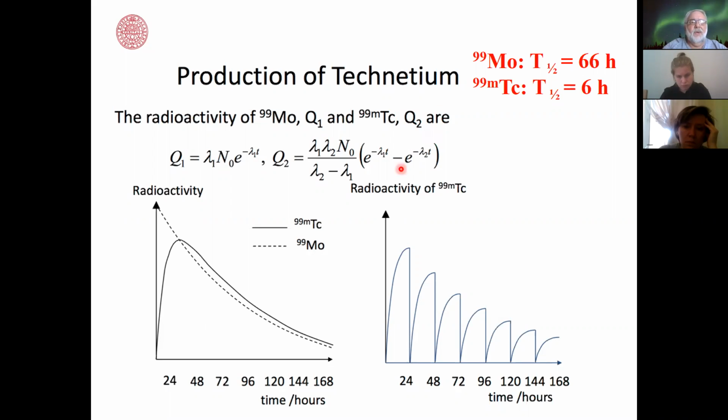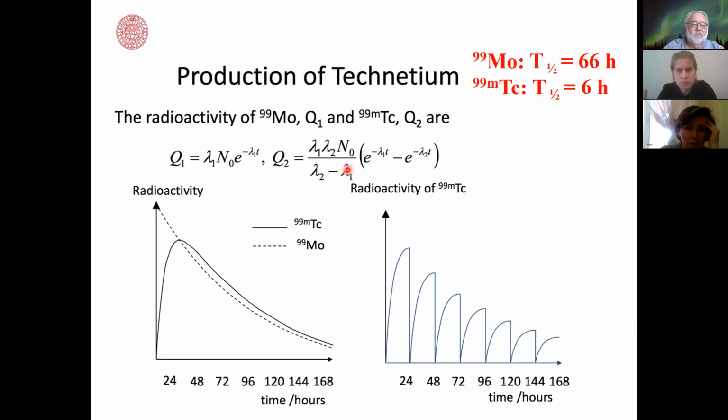But when you have two nuclides, one mother and one daughter, and daughter is generated by decay of mother, the decay of mother is determined by simple exponential decay law. The accumulation of daughter nuclide is determined by this formula, which is a solution of differential equation.